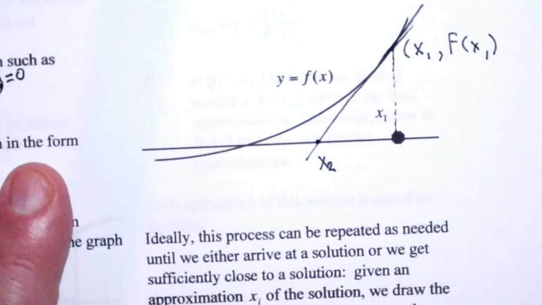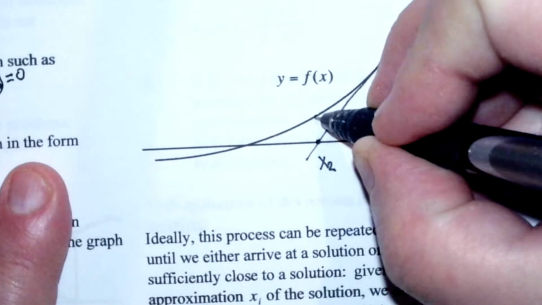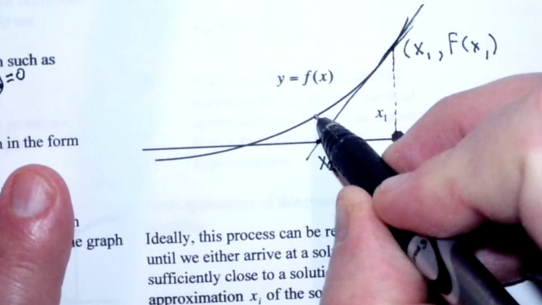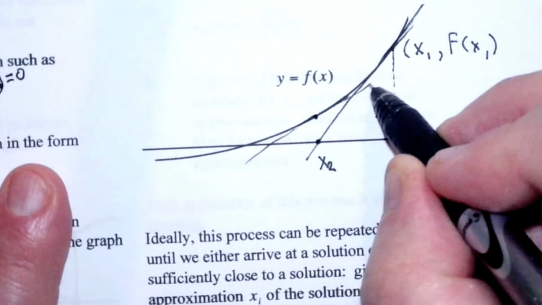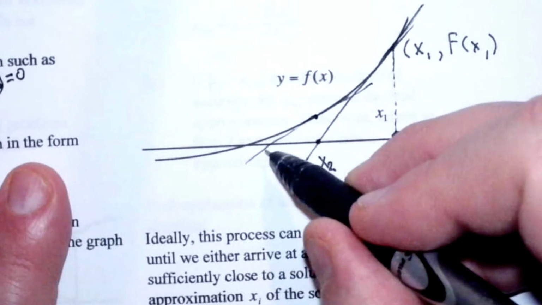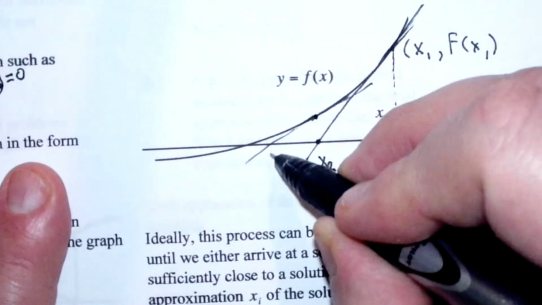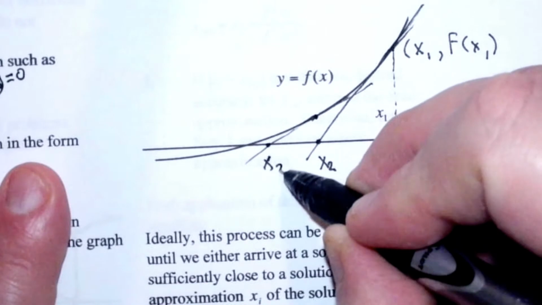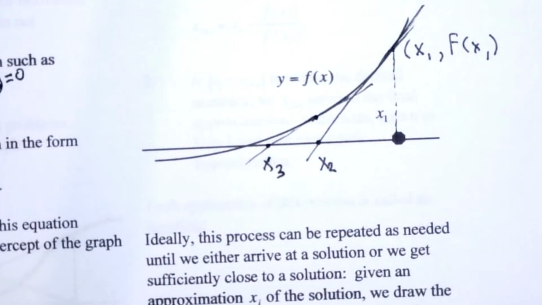To repeat this, we would again go up to the point on the graph with x2 as its x-coordinate and draw the tangent line. I'm at a bit of an odd angle, so it's hard for me to draw a straight line. Then where that tangent line crosses the x-axis, that's x3, and so you see we're getting quite a bit closer, and we can keep that up until we're as close as we want.